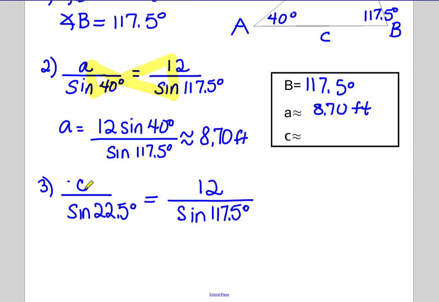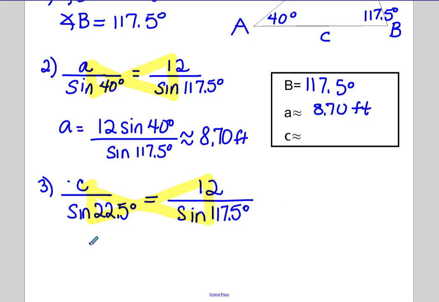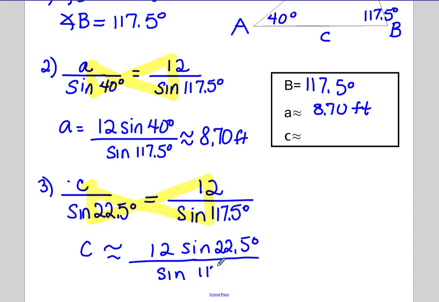And again, if I want side C, I need the sine of 22.5 times 12 divided by the sine of 117.5 to give me side C. And if you follow along with your calculator, that's sine of 22.5 divided by sine of 117.5 should give you about 5.18 feet if we've done our calculations correctly.